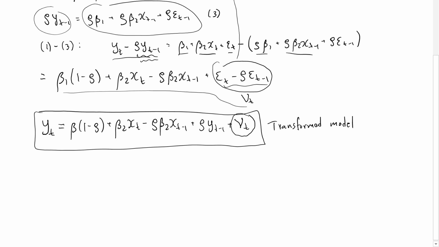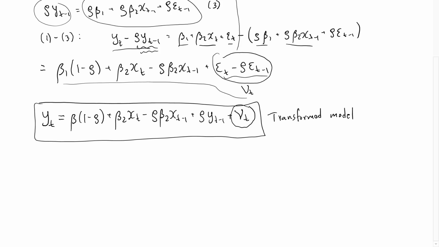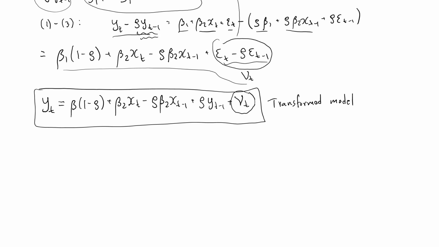Unfortunately, there is a price to pay for going to the transformed model with the well-behaved errors, and that is the fact that we've made the actual model more complicated. We can see that we went actually from a static model where y t depended only on x t to an ADL model. You see that we have one lagged x and one lagged y, so it's an ADL(1,1).